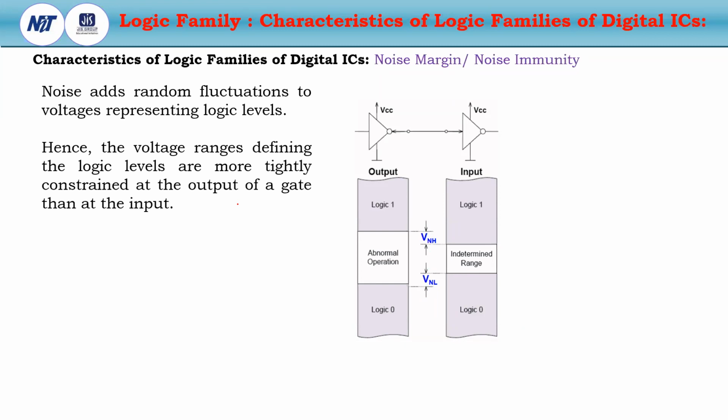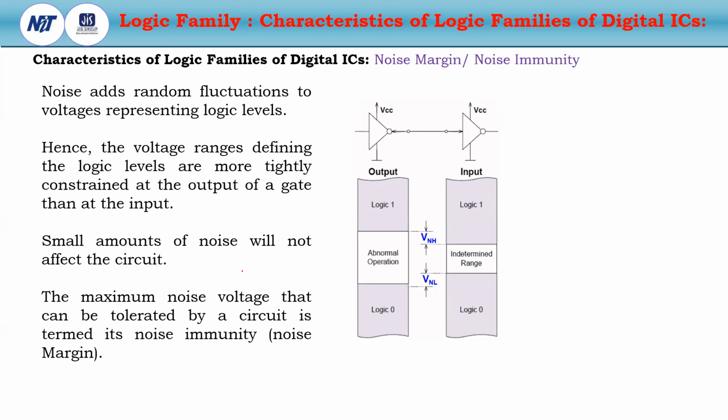Hence, the voltage ranges defining the logic levels are more tightly constrained at the output of a gate than at the input. There are some abnormal operations at the output due to the noise. Small amounts of noise will not affect the circuit, but if there is a large amount of noise, then the circuit performance will be affected. The maximum noise voltage that can be tolerated by a circuit is termed the noise immunity.